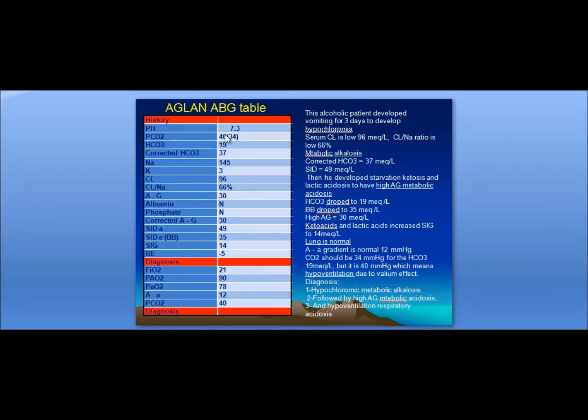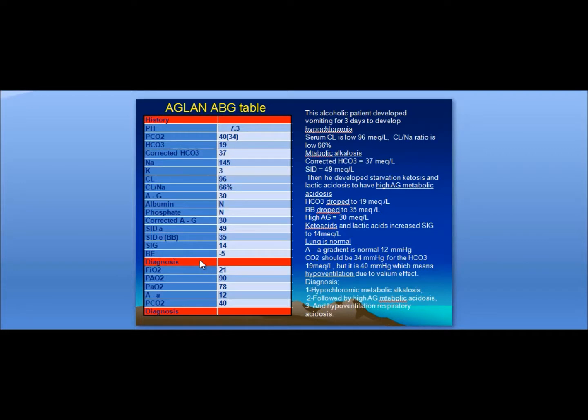This metabolic acidosis is due to the presence of fixed acid. What is it? The strong ion gap is 14, more than 0. So this patient developed a high anion gap, yes, 30. This patient developed high anion gap metabolic acidosis after the first pathology, which is hypochloremic metabolic alkalosis.